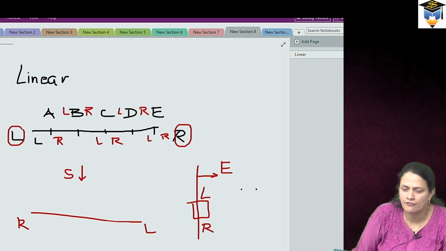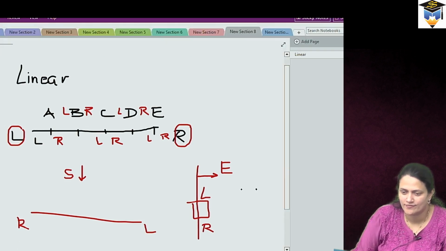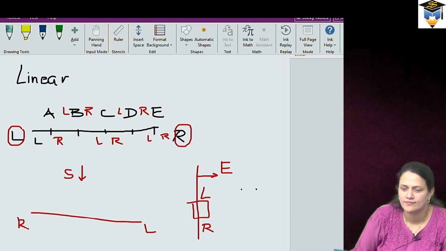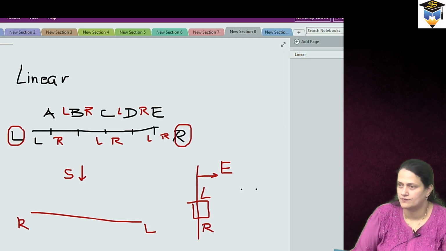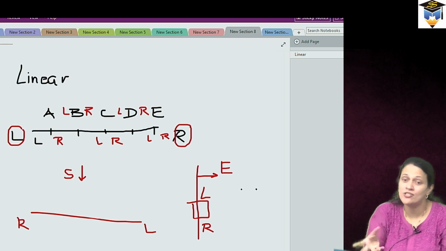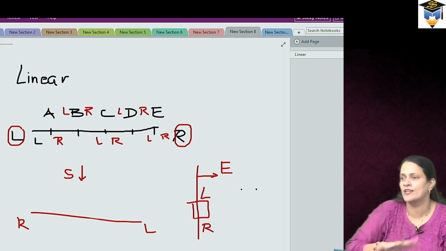If a person is sitting facing west, this is the person. So which is his left and right? Exact opposite to east. Understood? So they may mention that a person is sitting facing south, facing east, facing west.